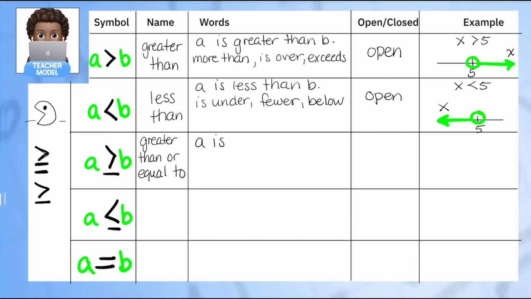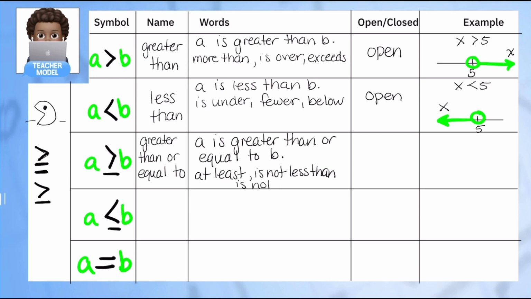I would say A is greater than or equal to B. Other ways I can say this, I can use the term at least. I can say is not less than. Is not under. You kind of get the idea.